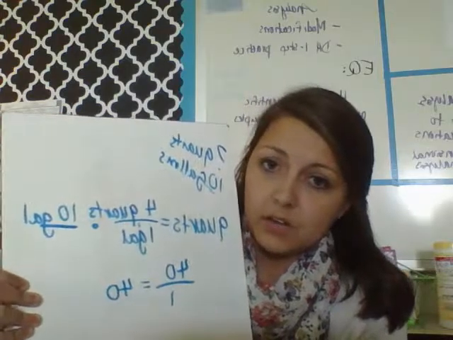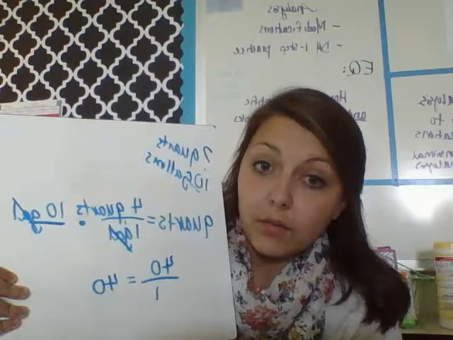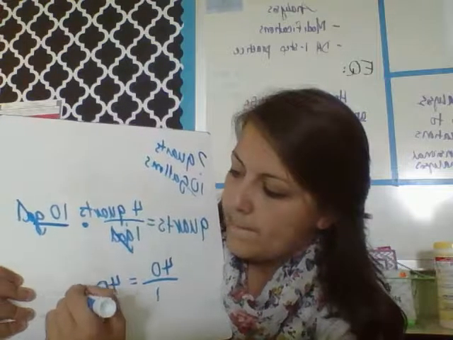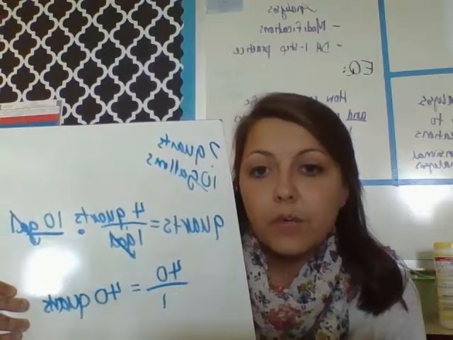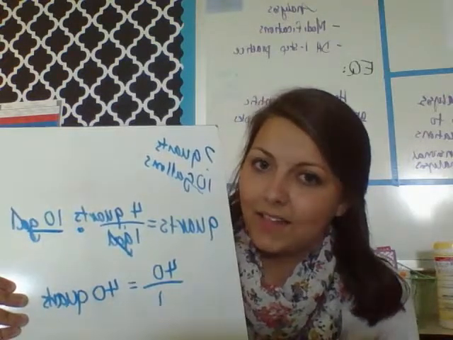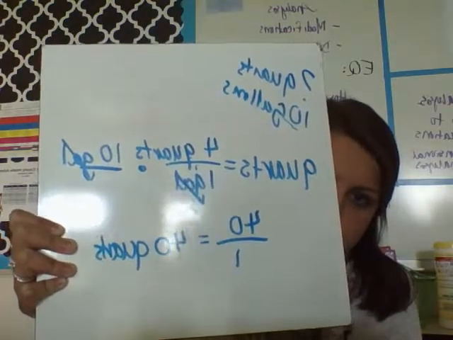Now we have to go back and get our units. The gallons cancel out. We're left with quarts. So 40 quarts equals 10 gallons. Okay, so that's a little bit of a simpler one.